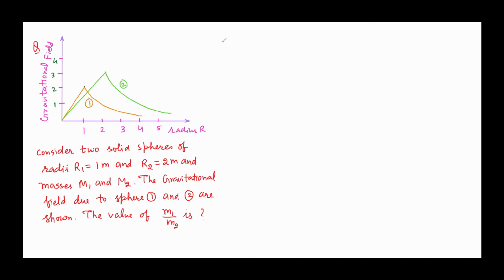So what is the formula for intensity? It is G m by r square. Now it is given that intensity of sphere 1 is 2, and radius of sphere 1 is 1.